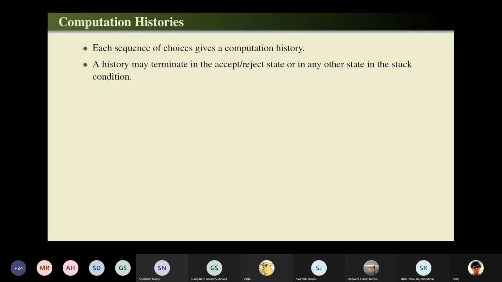You cannot proceed further. Whereas certain non-deterministic choices may allow the machine to loop. So these are actually infinite computation histories.